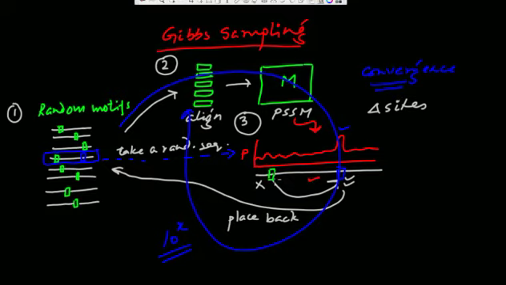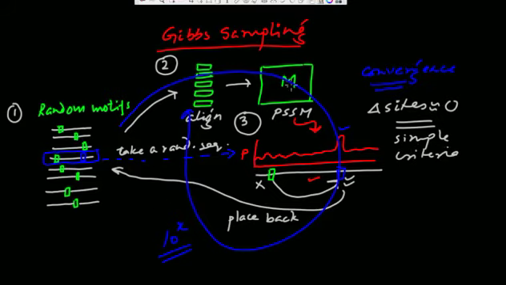If we see that after 10,000 cycles the motif is not changing its position, and the change in position, which I write as delta sites, is approaching 0, then I stop my algorithm. This can be a very simple criteria, right? Very simple criteria.